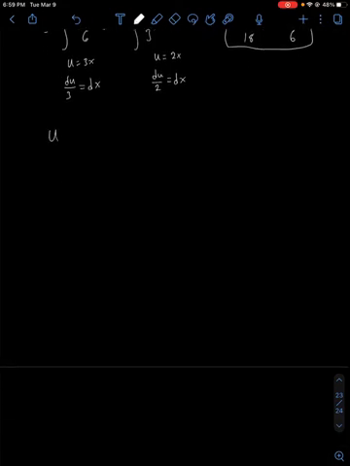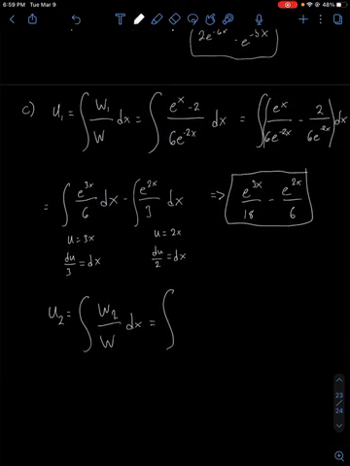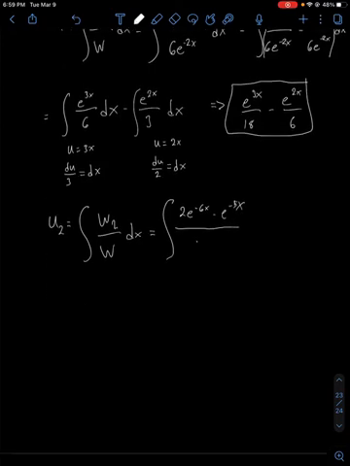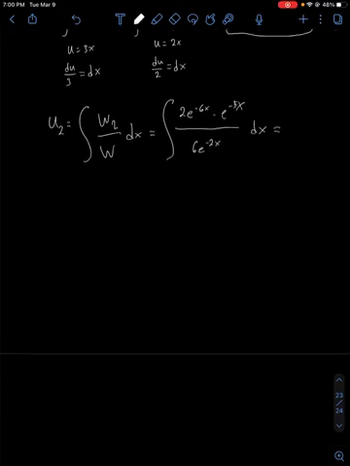So now u2 is going to equal the integral of w2 over w dx, where w2 equals 2e to the minus 6x minus e to the minus 5x, over w, which is 6e to the minus 2x dx. And again, we're going to go ahead and split these integrals up.